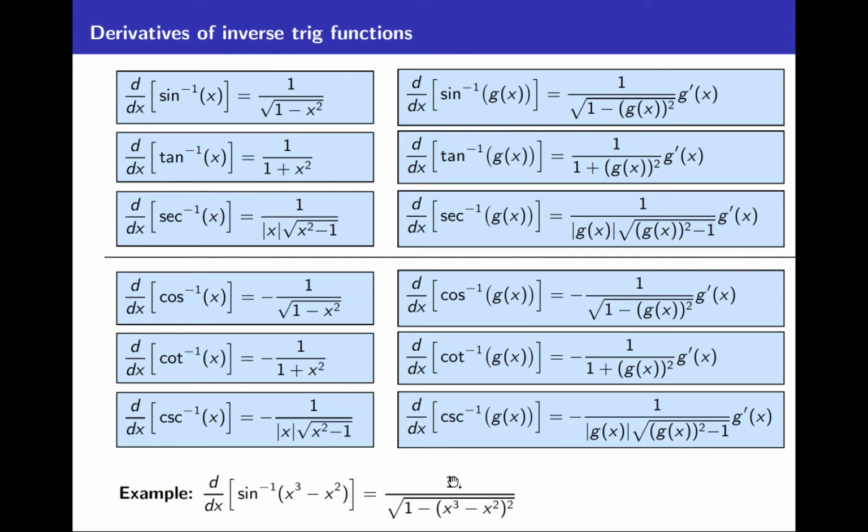So 1 over the square root of 1 minus the x cubed minus x squared, whole thing squared, times the derivative of x cubed minus x squared. That's times 3x squared minus 2x. Simplifying a little bit, here's what we get for an answer.